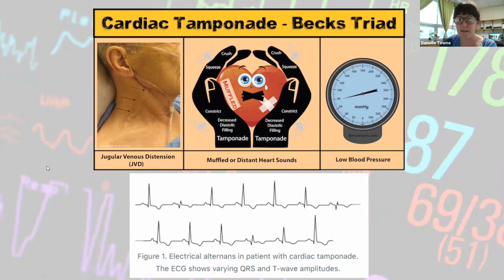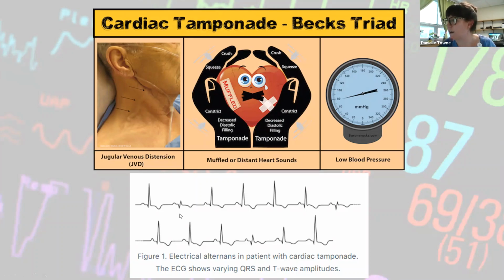You can also see electrical alternans, where the amplitude of the QRS complex varies from one beat to the next, but within the same lead. That's due to the swinging back and forth of the heart within the sac. If you think of it as a big water balloon with the heart in the middle of it, every time it beats, because it's in fluid, it almost has a little bit of free motion, right? And so that can actually change what you're seeing on your EKG.